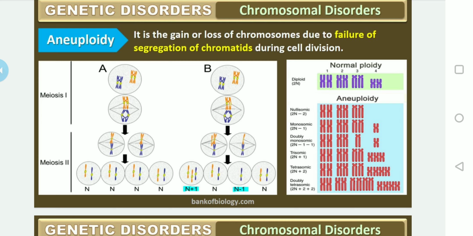These are the types of aneuploidy we can identify in chromosomal disorders. There is a non-disjunction or non-separation of the chromosomes during the formation of gametes, so there will be a possibility of addition or deletion. This is the reason behind the formation of aneuploidy.